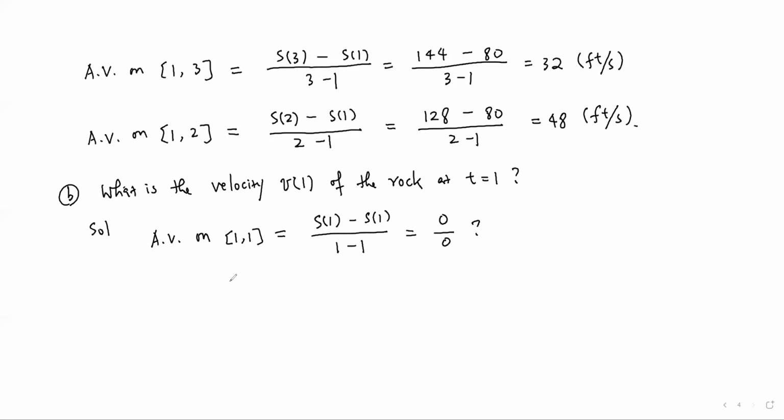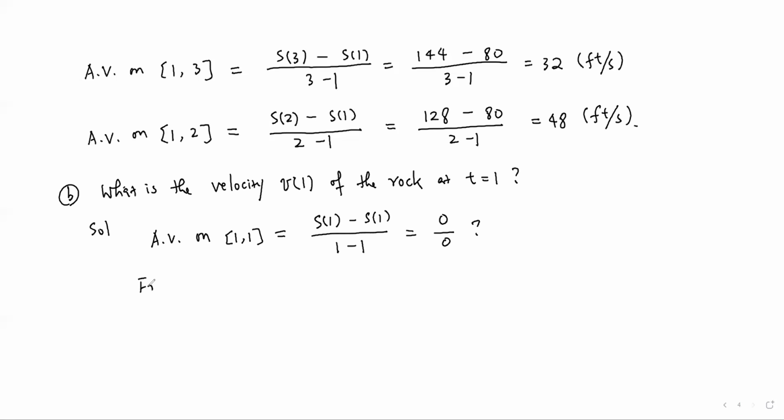Then how to find instantaneous velocity? We use limit. We use average velocity to approximate instantaneous velocity.